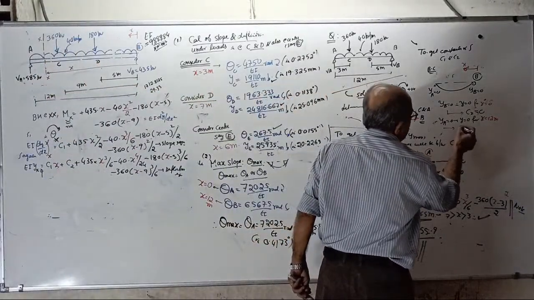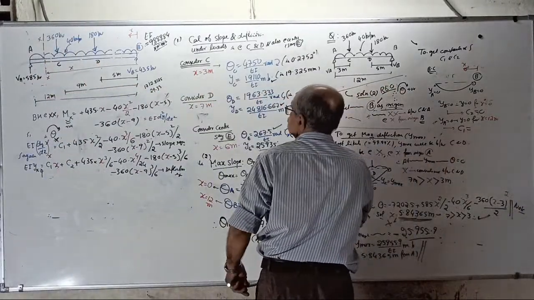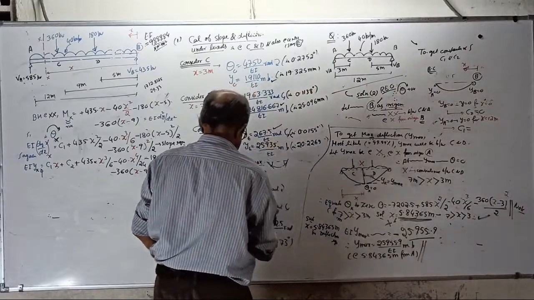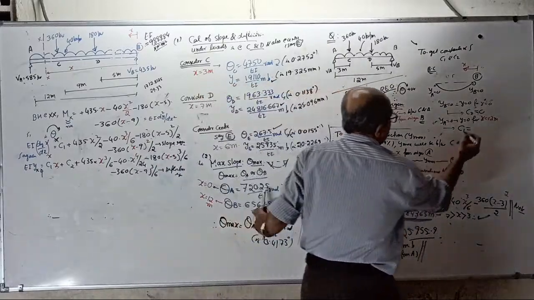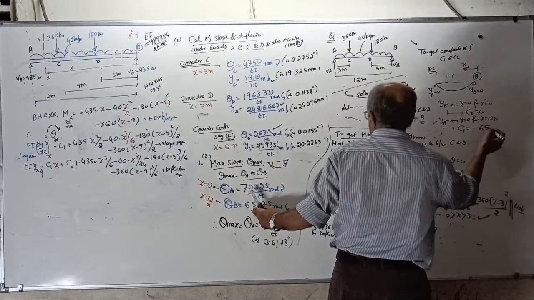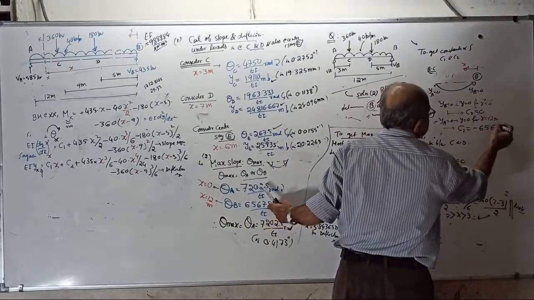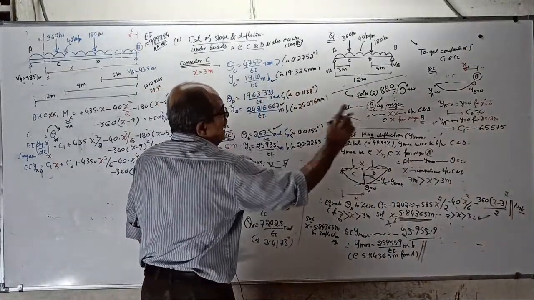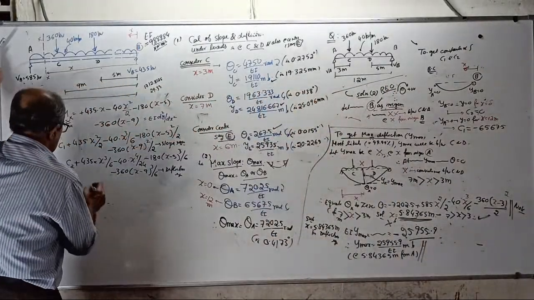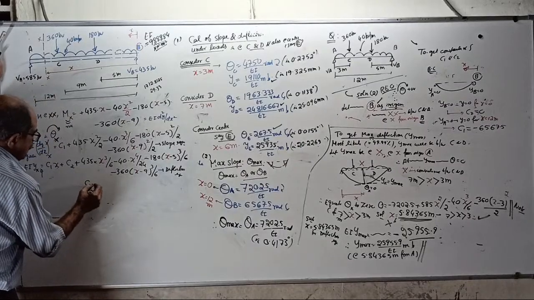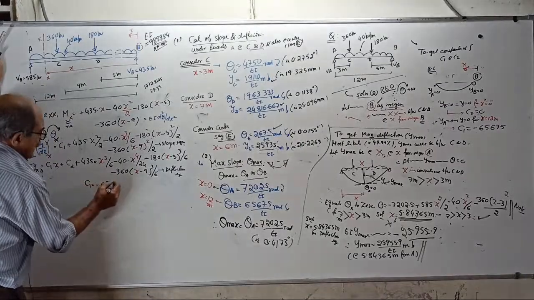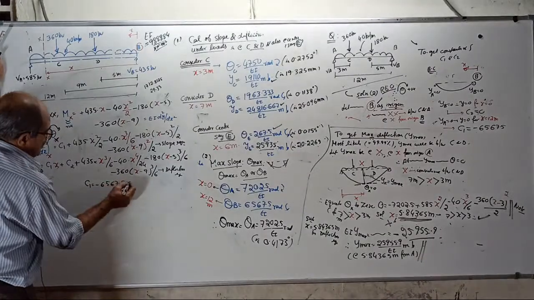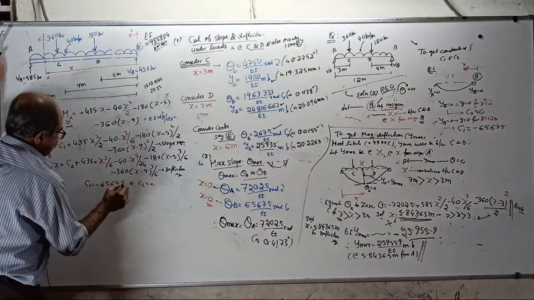You will get C1 equal to minus 6567.5. So remember, C1 equal to minus 6567.5 and C2 equal to 0.